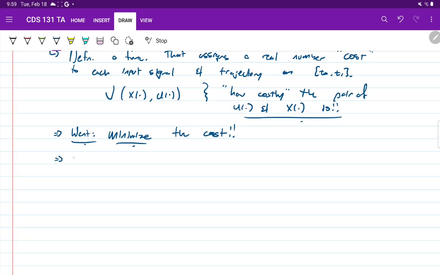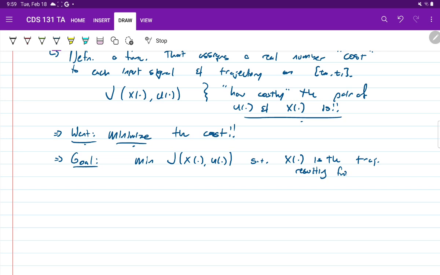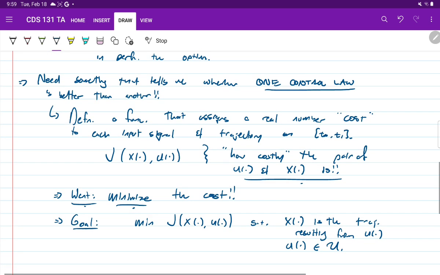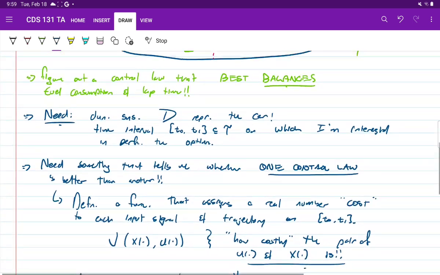So our goal in our optimal control problem is to solve the minimization: min of J of x, u, such that x is the trajectory resulting from u, and such that u belongs to, let's say, the input space of my dynamical system. Okay? This is a very basic general framework for these optimal control problems.